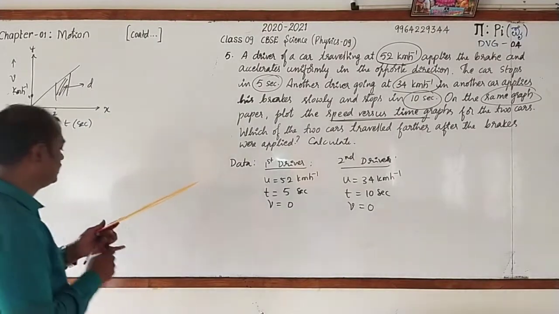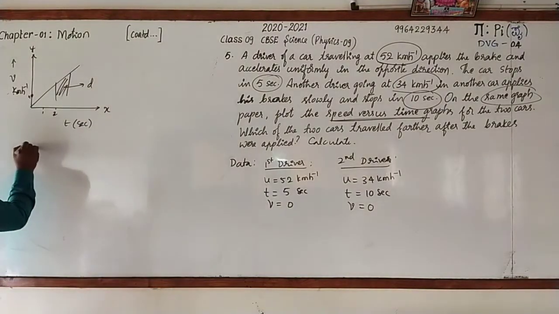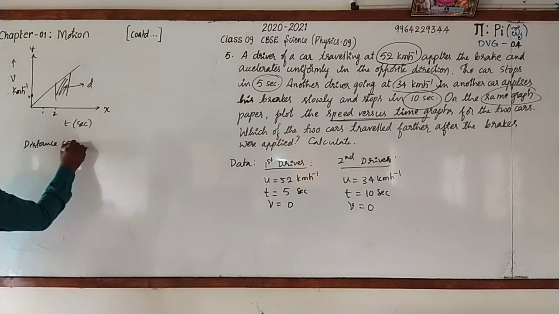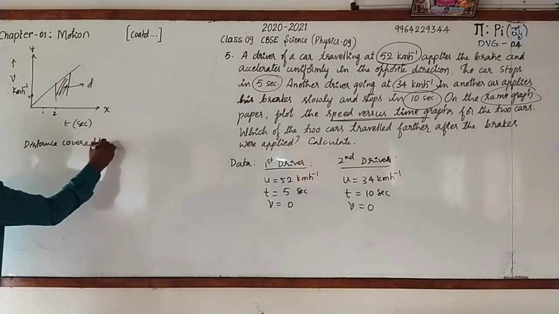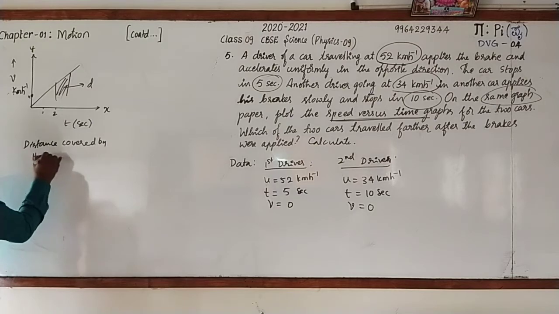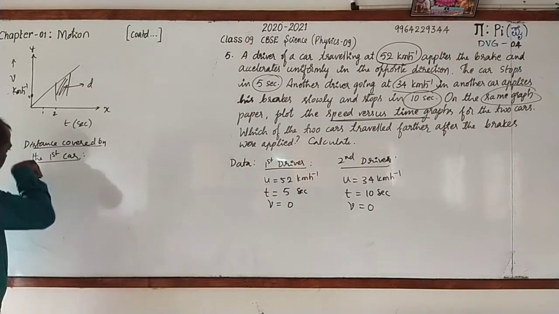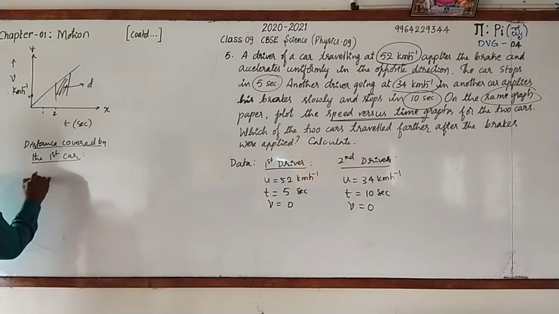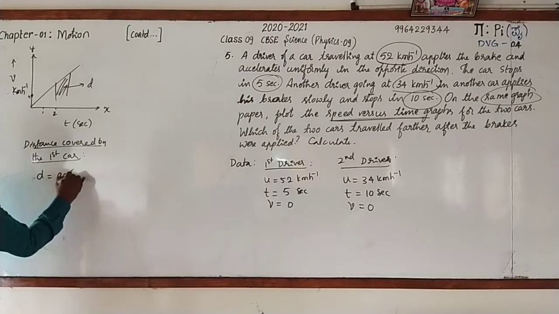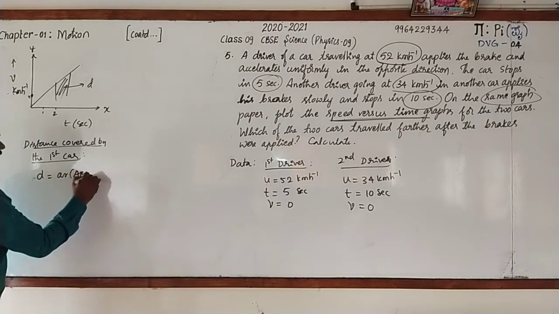Observe here. The distance covered by the first car can be written as D equal to the area of ABC.